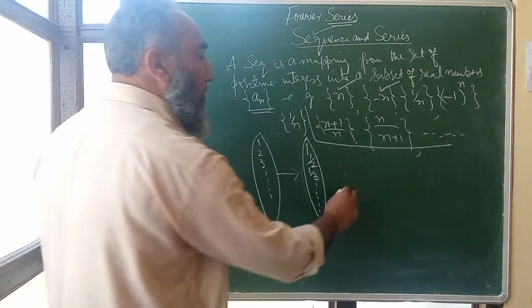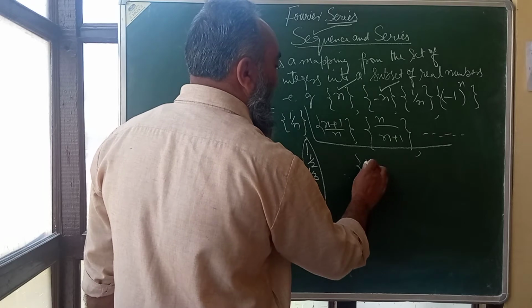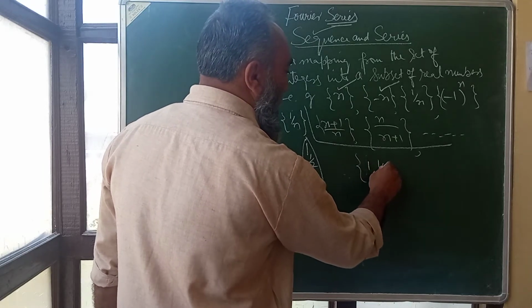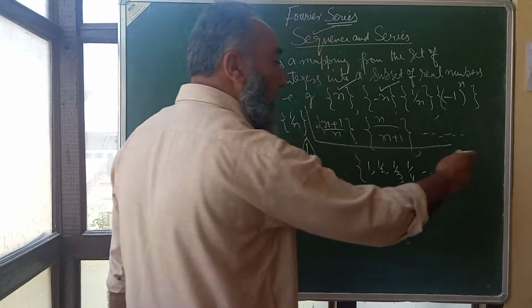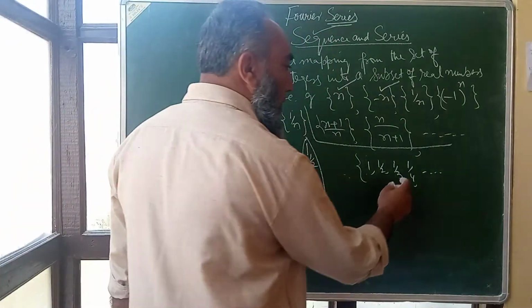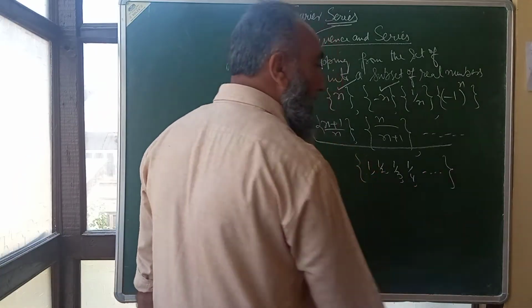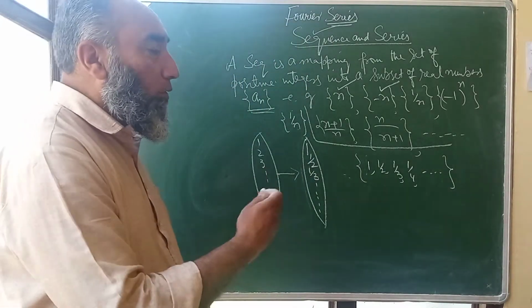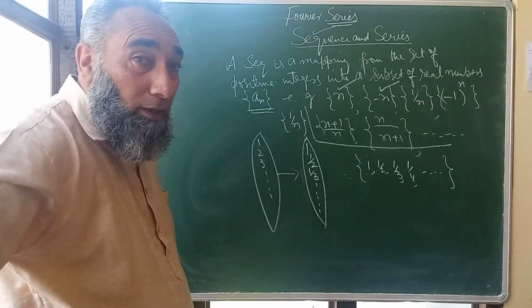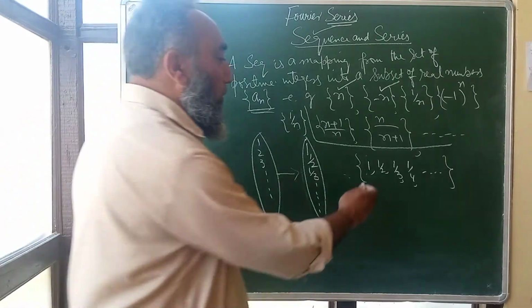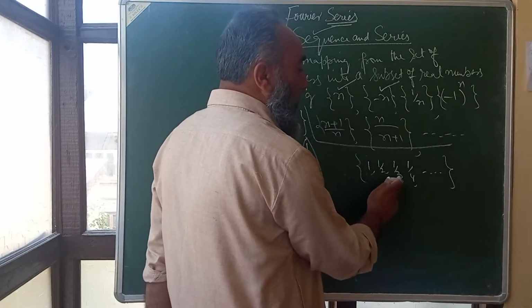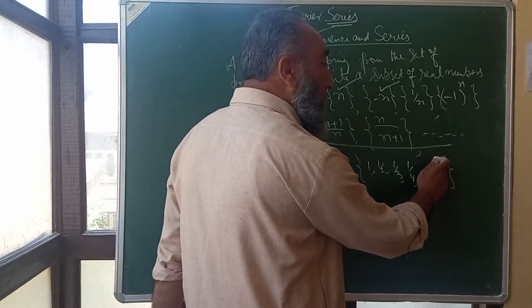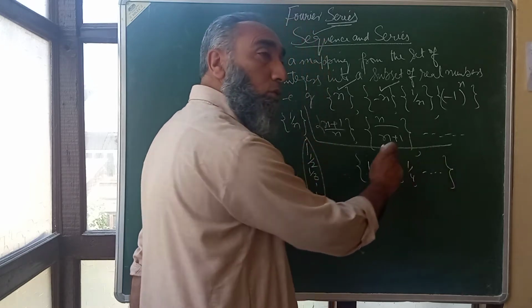So you have a sequence of this type: 1 by 1, 1 by 2, 1 by 3, 1 by 4, and so on. Ultimately it goes to which number? It goes to 0. Not exactly 0, because n is 1, 2, 3, 4, and so on up to infinity. Infinity is not included, so you have natural numbers only. If I take infinity, 1 by infinity is 0. So ultimately it goes to 0.